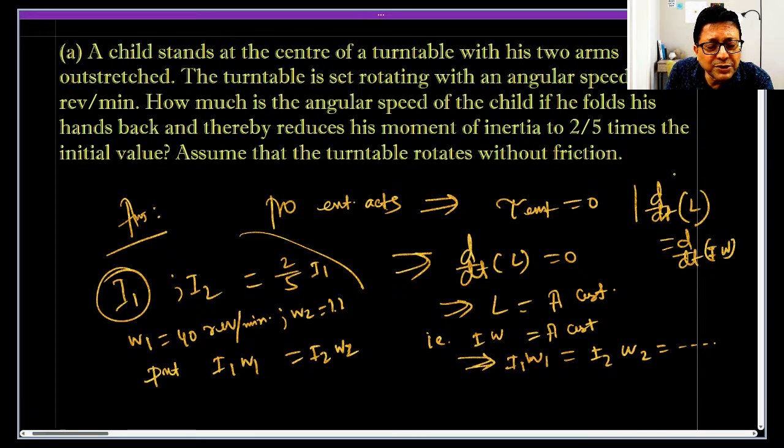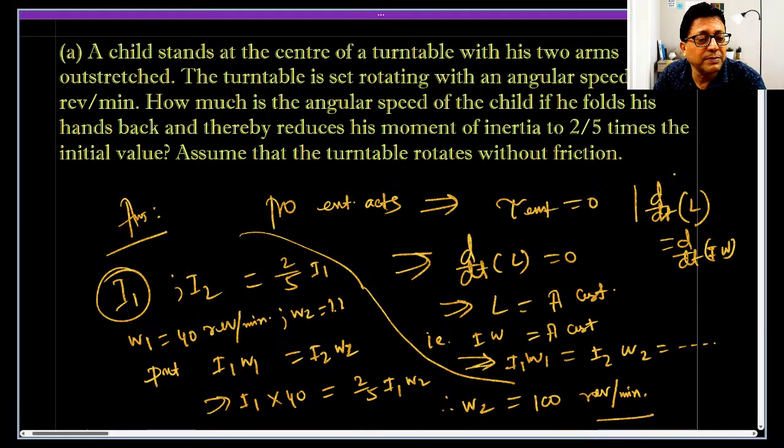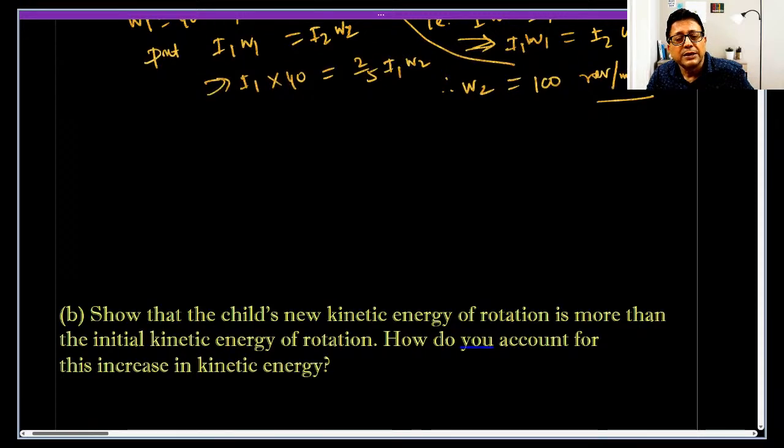So put I2 equal to 2 by 5 I1, I1 into 40, so omega 2 will be 100 revolutions per minute. Clear? Go for the next one.